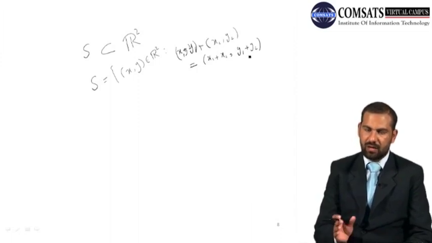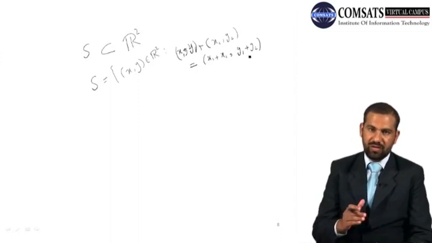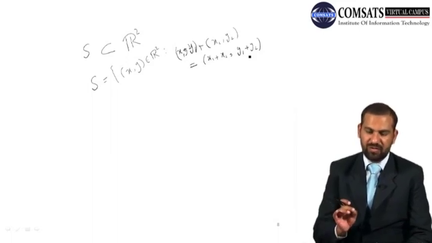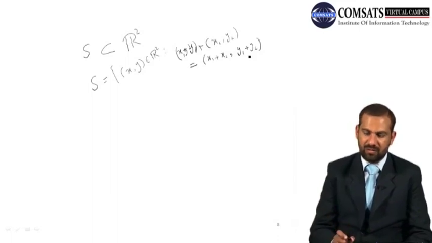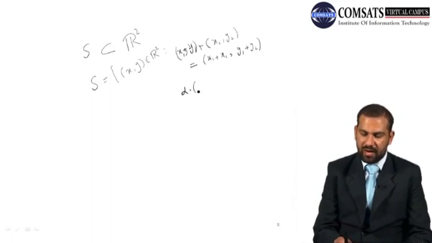As you know, this is the obvious way of adding two vectors: the first component is added to the first, and the second component is added to the second component. So this is the addition operation. And for scalar multiplication we define alpha times (x, y) as equal to (alpha x, y).